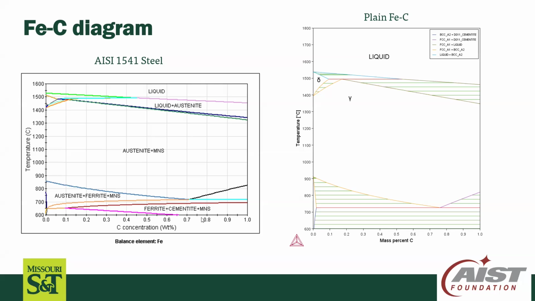Now, the interesting part is related to the eutectoid point. We know that in the iron carbon diagram, the eutectoid point is located, in this case, at approximately 0.77 carbon and 714, approximately 720, the temperature.